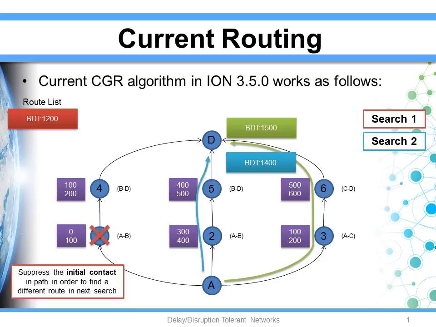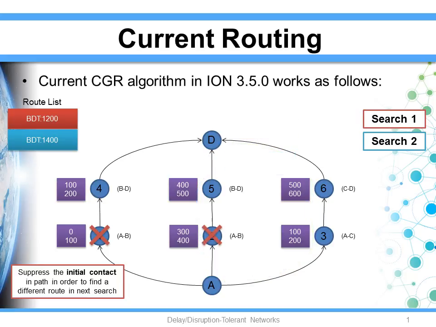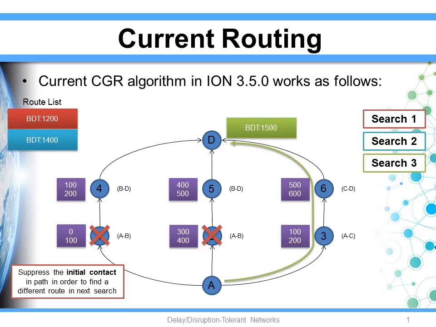Therefore, the best route in this second search is going to be the cyan colored one, and this best route is then added to the route list, and the procedure repeats again, and the initial contact of this path is removed. Then in a third search there is another route that can be found towards the destination, and this is also added to the route list structure.